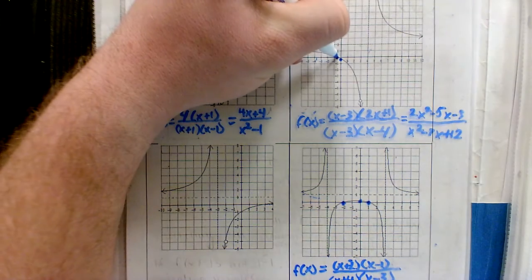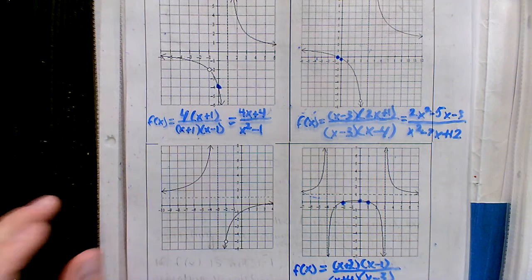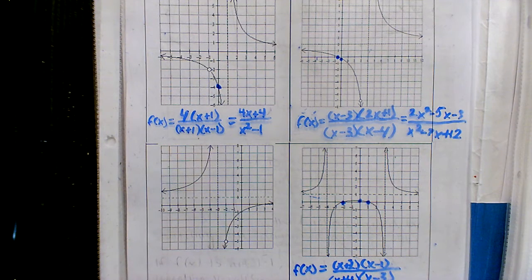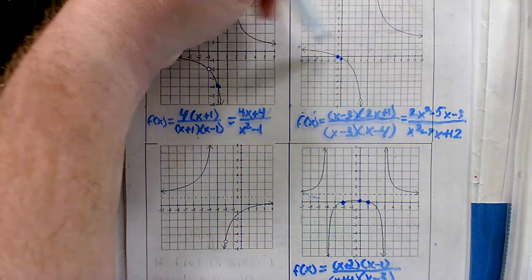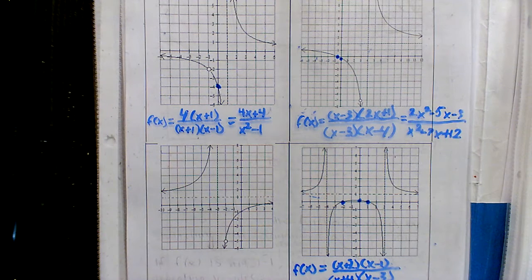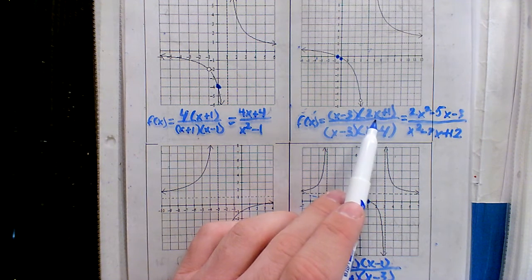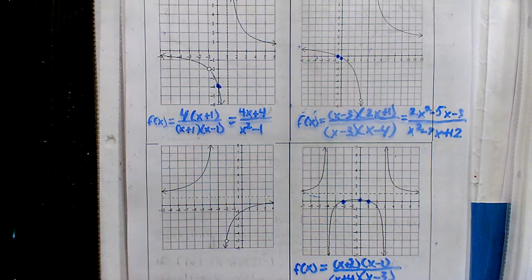Again, the negative 1/2 for the 0 right there. Equally heavy, so ratio of the coefficients, 2. And that is where the horizontal asymptote is. Are we okay with that factor changing it to a 2x plus 1? All right. Go ahead and try the next one and then we'll go over it.